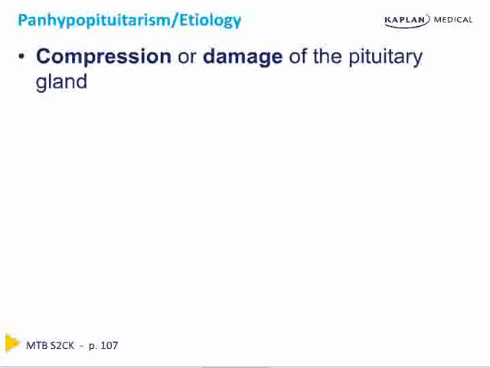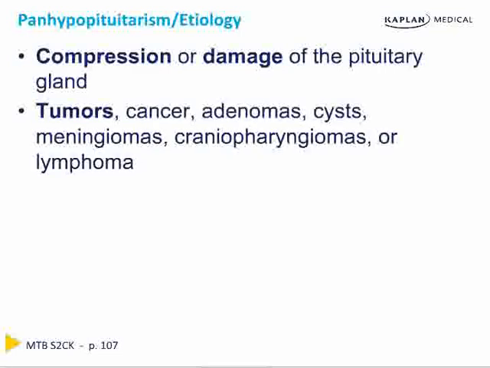Now, panhypopituitarism is most commonly caused by compression or damage of the pituitary gland. Now, the etiology of that compression or damage doesn't matter that much from the point of view of the output of the pituitary. Any tumor, cancer, adenoma, cyst, meningioma, craniopharyngioma, or lymphoma, anything that presses mass effect.